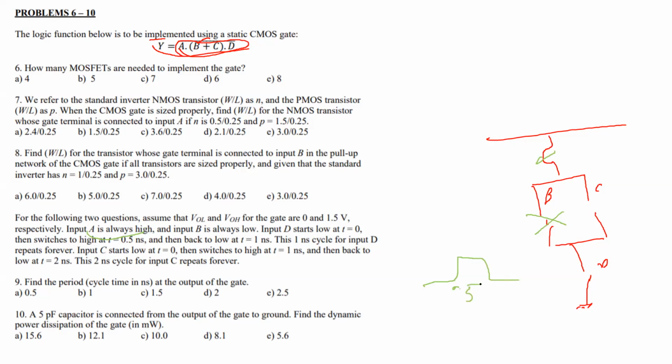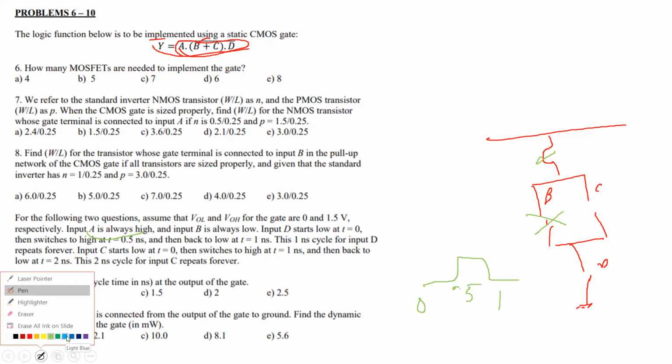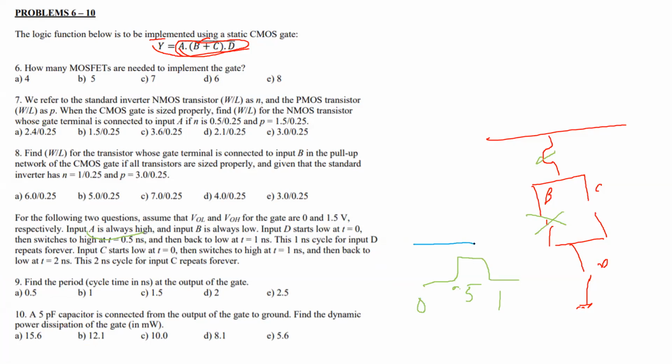And then C starts low at 0 and rises at 1 nano and then goes back to 0 at 2. So this is the 2 for C.